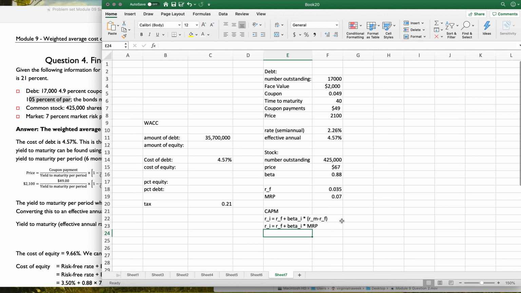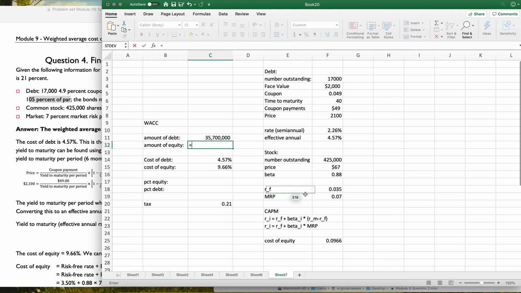Okay, so all we have to do here is just plug and chug. Risk-free rate plus beta times market risk premium. Put that in percent terms.